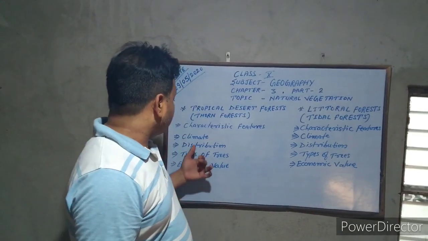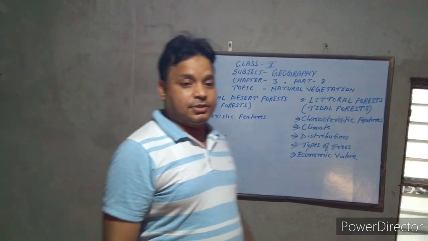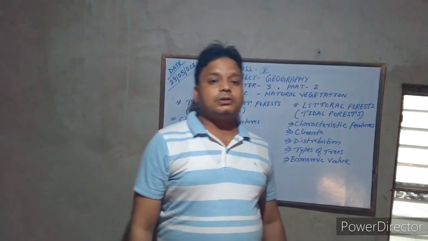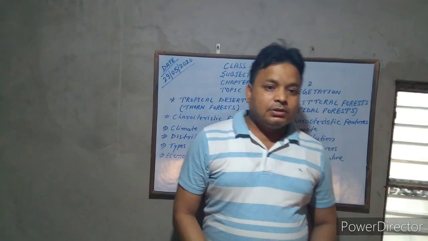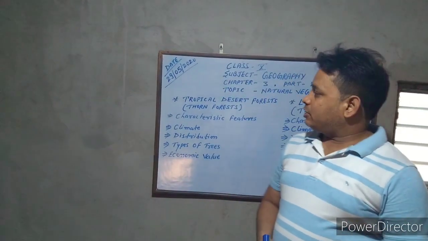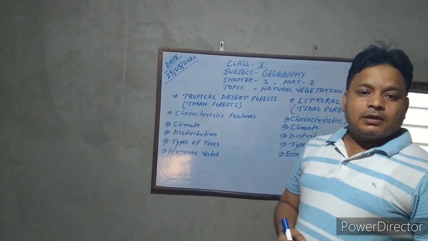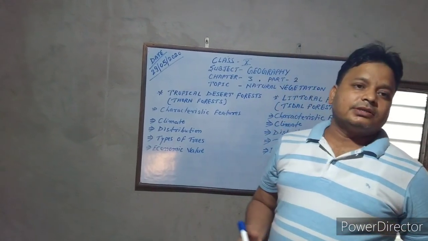Next point, student, I am going to discuss the climate. What type of climate does the tropical desert forest require? We know the mean annual temperature of tropical desert forest ranges between 25 degrees Celsius and 27 degrees Celsius.